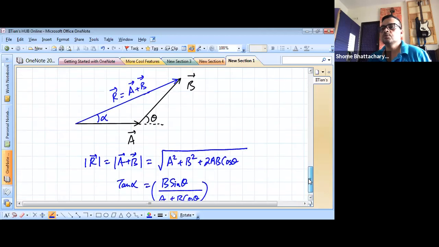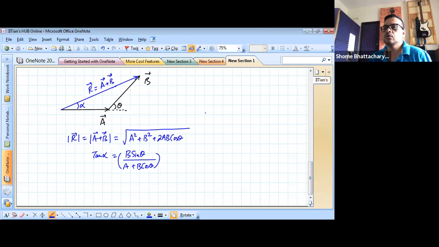So this was the more important thing that we learned last time, the statement and the diagram of the triangle law. So this whole thing together is called the triangle law of vector addition.